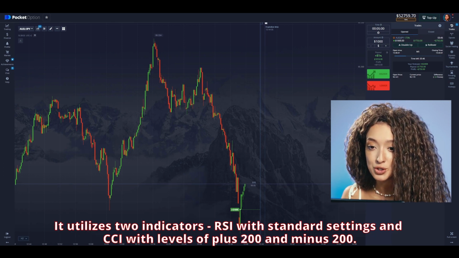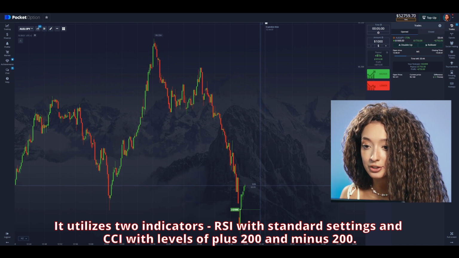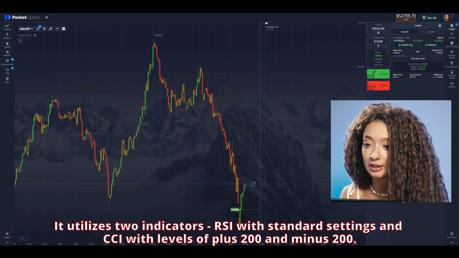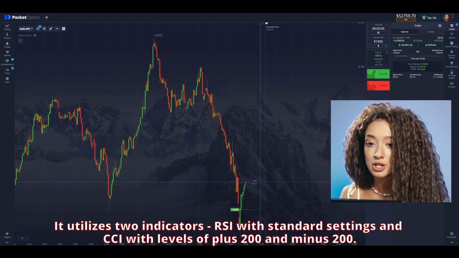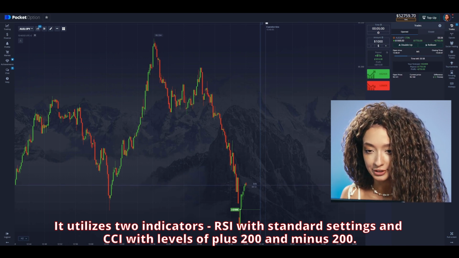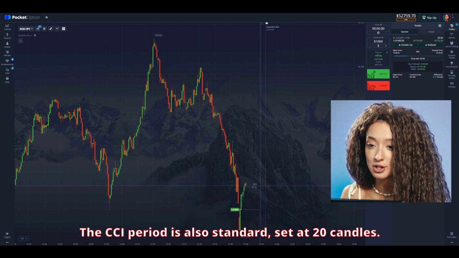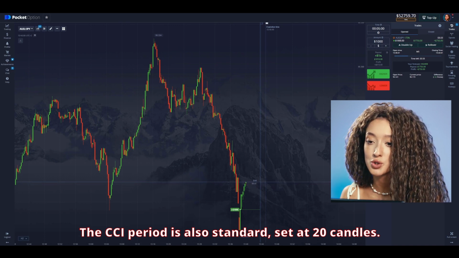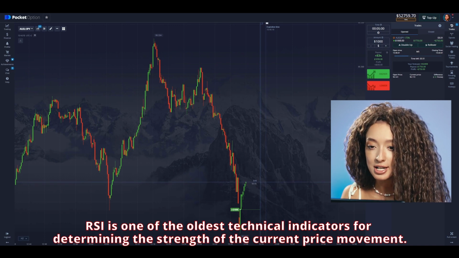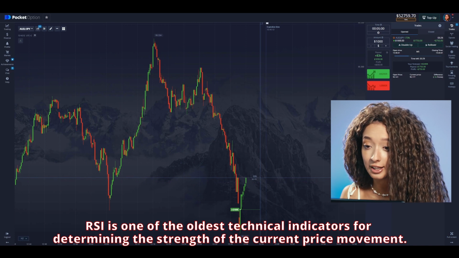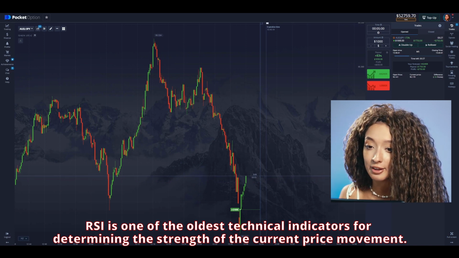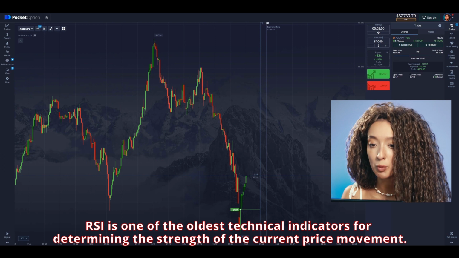It relies on two indicators, RSI with the standard settings and CCI with the levels of plus 200 and minus 200. The RSI period is also set at 20 candles. RSI is one of the oldest technical indicators for determining the strength of the current price movement.